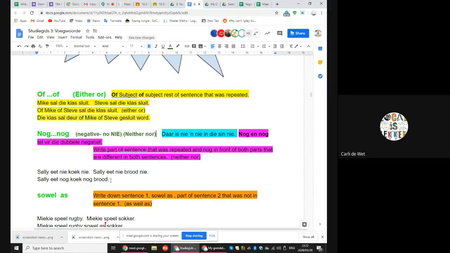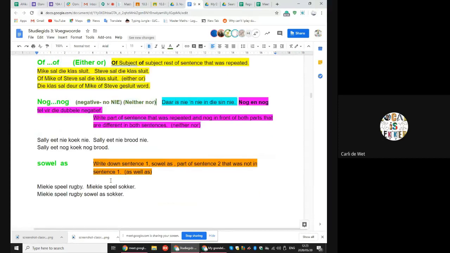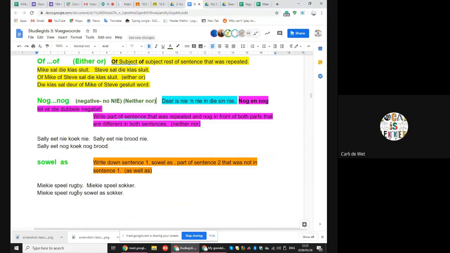Yeah. Okay. Now we're busy with the last thing, and that is sowel as. And again, here, it's working exactly the same as in English. Sowel as is in English as well as. If you look at the sentences, you will have one of two things. You will either have the same subject in both the sentences, like in this case, which is Mickey, or you will have the same object.